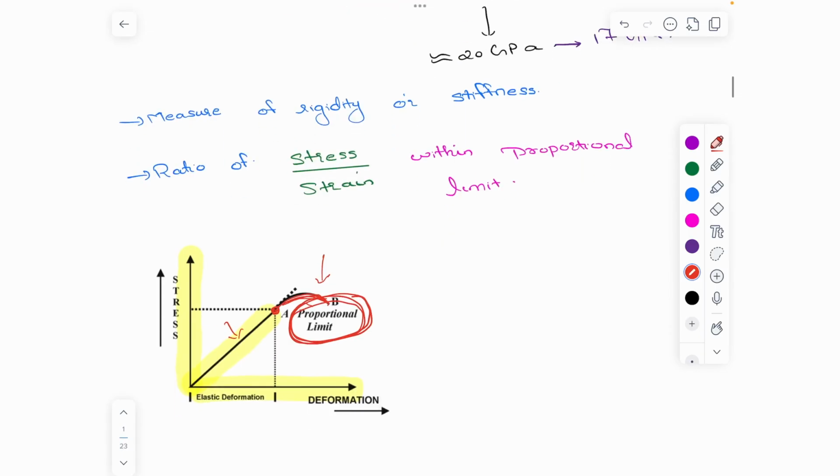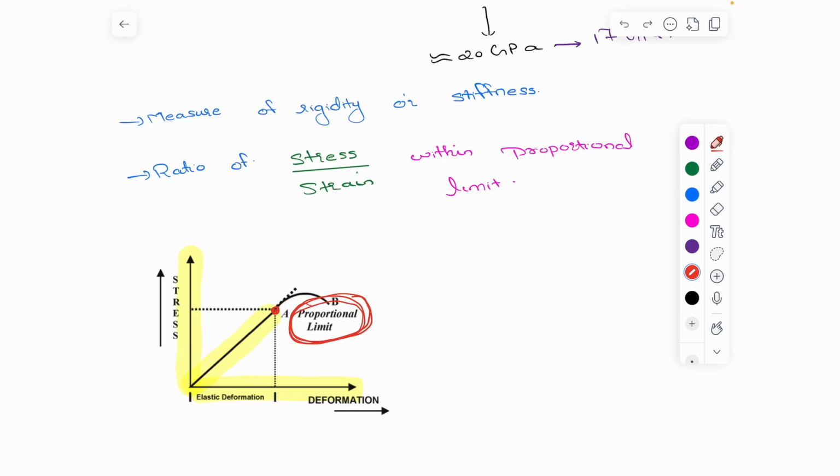I'll come to more about the proportional limit when I discuss it. Basically it's a ratio of stress by strain, and this slope is the modulus of elasticity, or elastic modulus. That's the basic detail.